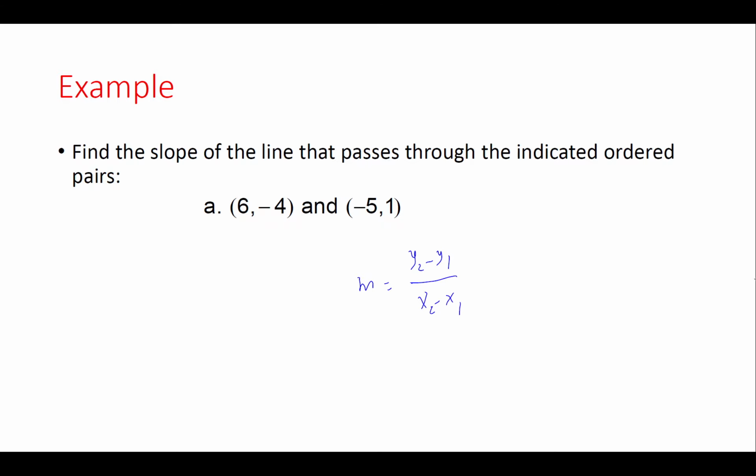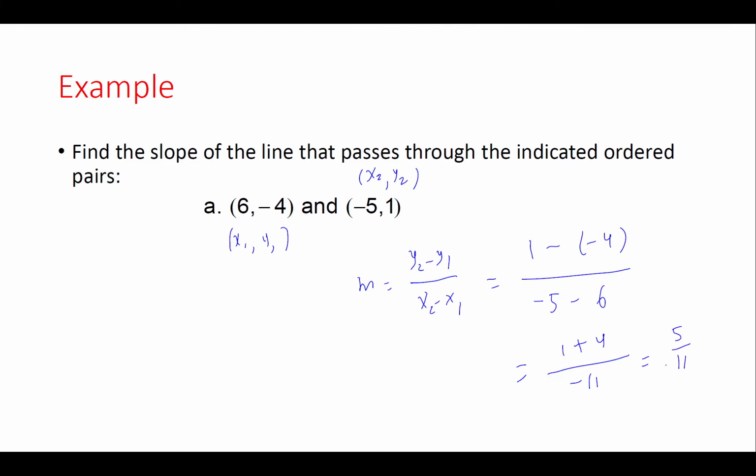In this case, you can pick one as x1 y1 and the other as x2 y2. Now just plug in the values: y2, which is 1, minus y1, which is -4, over x2, which is -5, minus x1, which is 6. If we simplify, that will be 1 plus 4 over -11, which is 5 over negative 11.